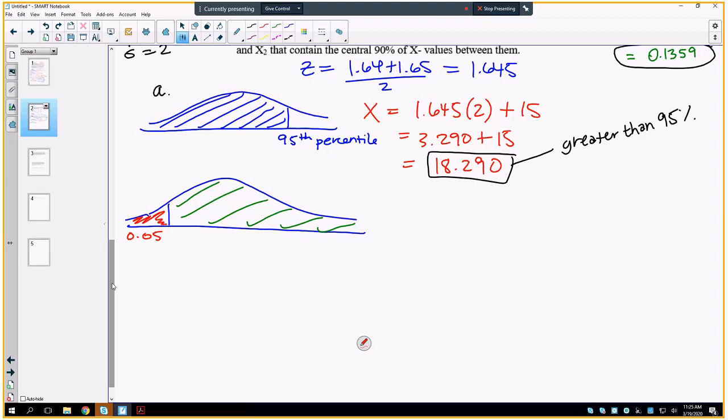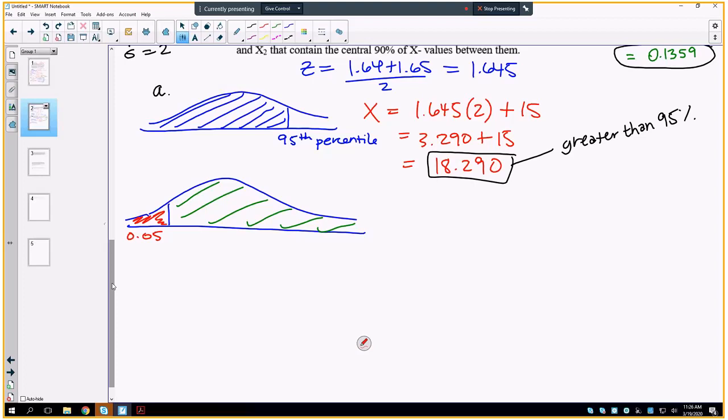Well, we know from past experience we can use the symmetry of this bell curve, and I can just change this positive z-score to the negative z-score. If I wasn't so confident about that, I can check my table.